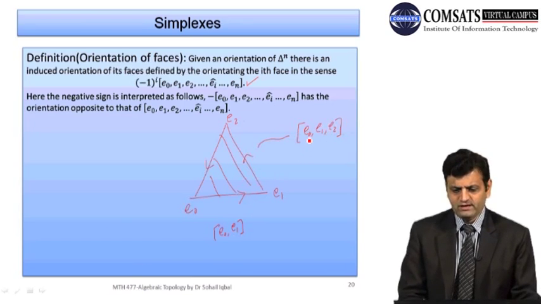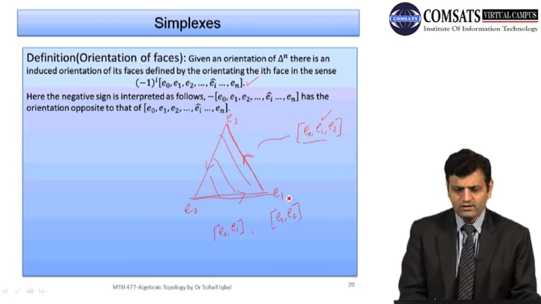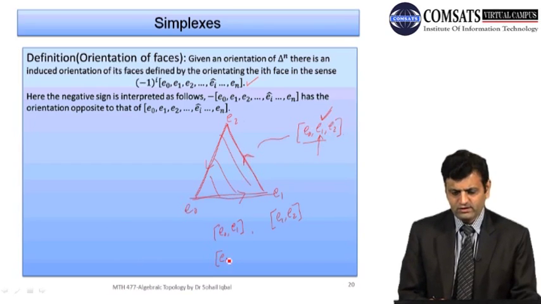To calculate this face I just delete E2, so it is E0, E1. Similarly, if I want to calculate this face, I just delete E0, so it becomes E1, E2. Now if I want to calculate this side, I delete E1, so after deleting E1 from this two simplex it becomes E0, E2.